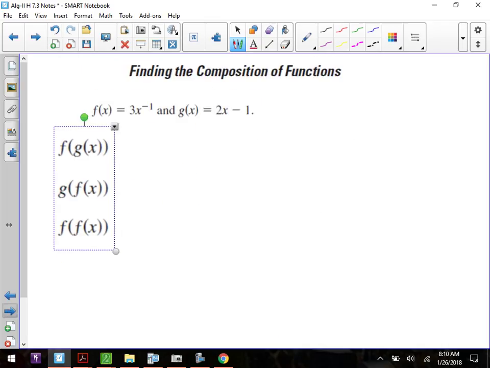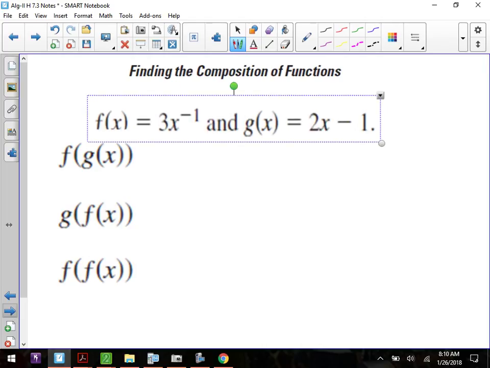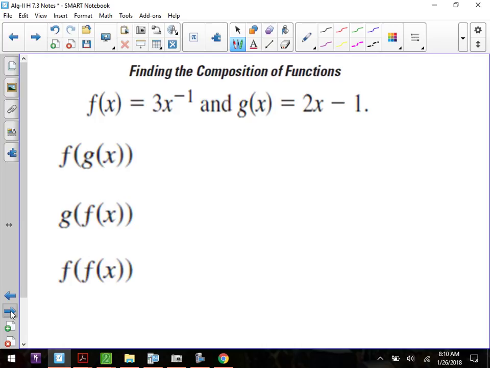All right, try it with composites. Composites mean the easiest way to do this without numbers, when you have f of x is 3x to the -1 and g of x is 2x minus 1.